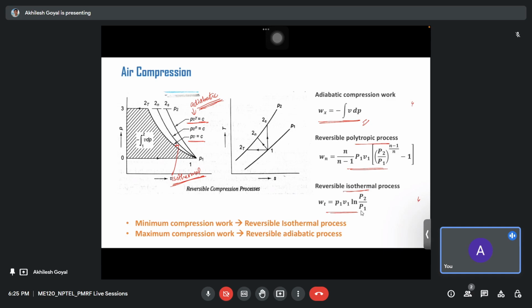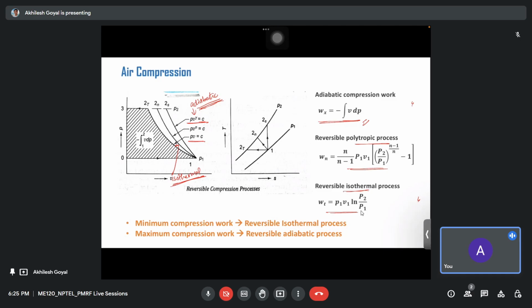Whenever a reciprocating compressor works, there is always some heat transfer. So in reciprocating air compressors the work done is definitely lower than the reversible adiabatic process, but the minimum work done can be achieved only if we use intercoolers between the stages in reciprocating air compressors.